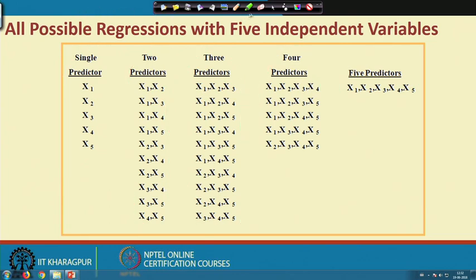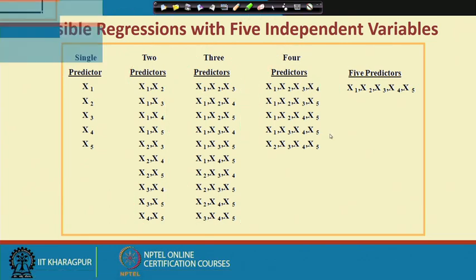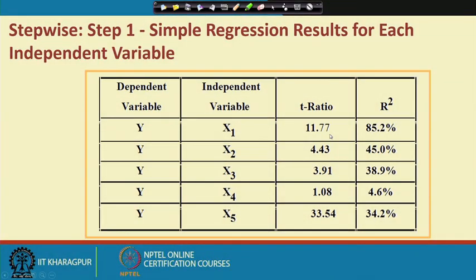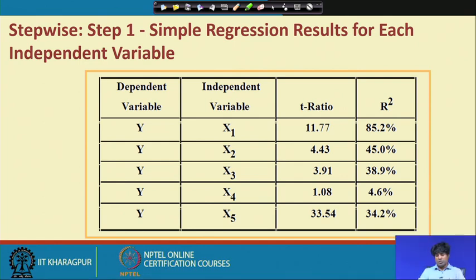Let us see. Technically, before we go to this process, the stepwise process is like this: regress y with all these independent variables one by one, and you will find the most important variable is x1, that is energy consumption, followed by x2, then x3, then x5 and then x4.